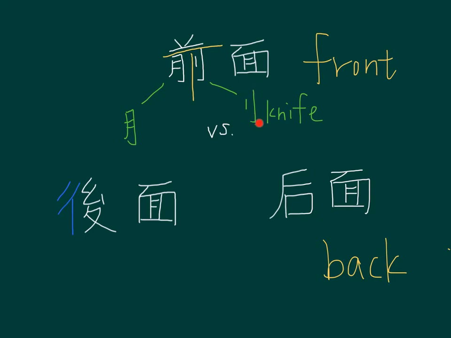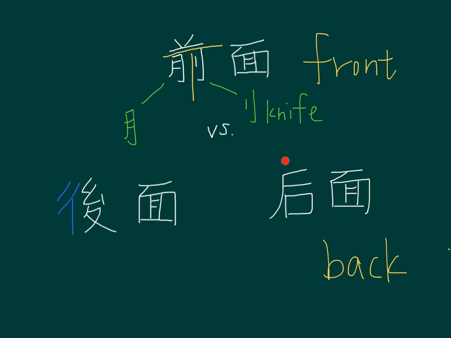With the blades here, the handle up here. So how do you associate this with the meaning of 前? Here's a little story just to help you remember. The moon is running in front of the knife. I hope that helps. Now, 后面, back, I want to explain the simplified.